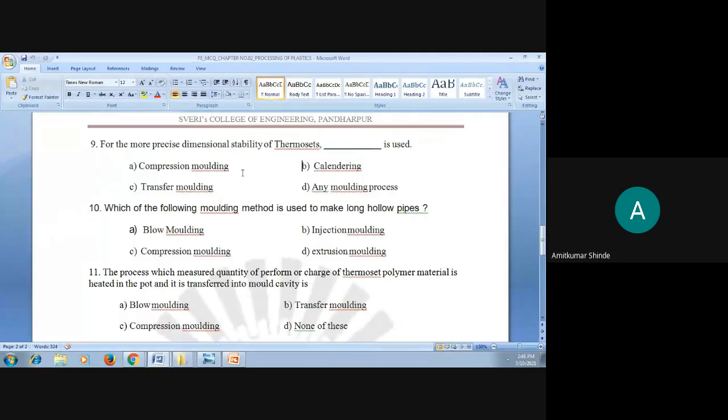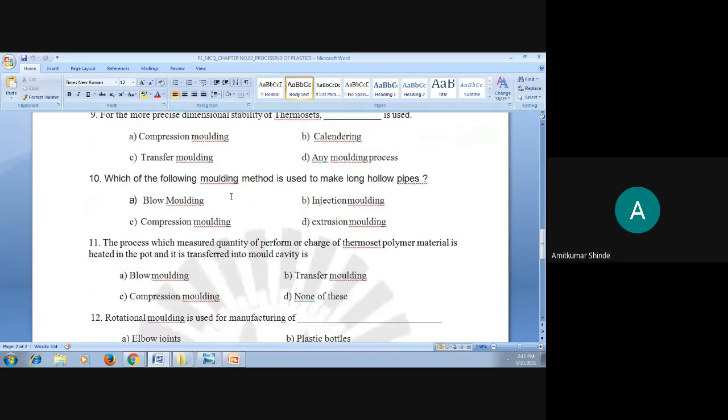Out of these two, the correct answer will be transfer molding, because in compression molding we are directly applying pressure, and here we are collecting the charge in a separate pot and it is then transferred into the mold cavity. That's why the dimensional accuracy is more in transfer molding as compared to compression molding. Transfer molding will provide better dimensional stability and accuracy.